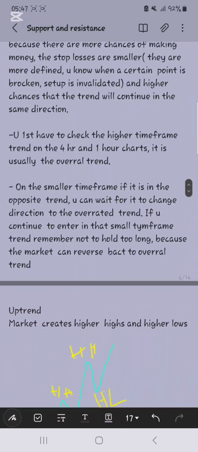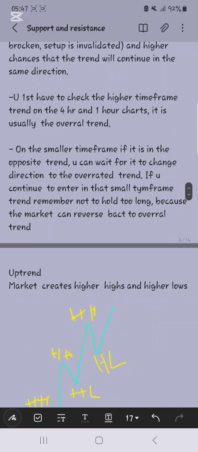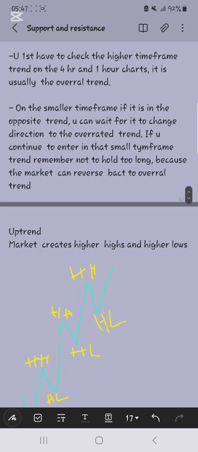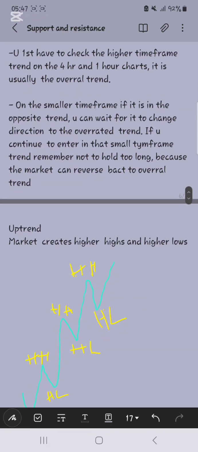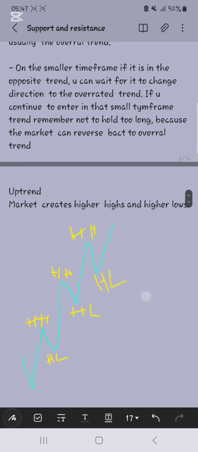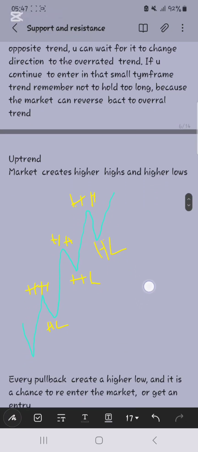The daily, you're just looking for your trend, the direction, the overall market bias. And on the lower time frame, you can look for more defined entries. Make sure that the trend on the lower time frame is also in line with the higher time frame trend. That's when you're going to be looking for your entries.